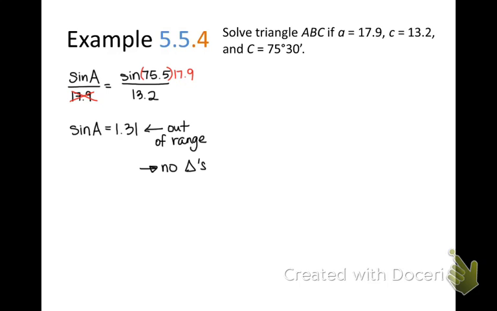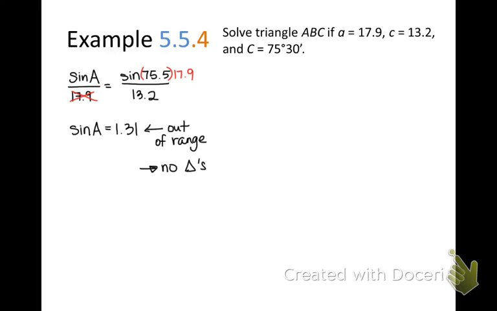Yeah, absolutely, that is a possibility. So it's only if it's greater than 1 that you can say there are no triangles. If you have a sine value equal to 1, what is the angle measure going to be? When does the sine equal 1? A 90-degree angle, right? Keep that in mind as well.